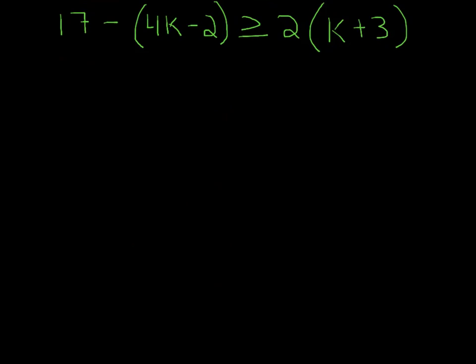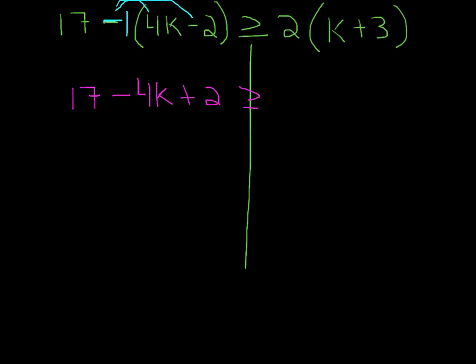Alright, now we're ready for a more challenging one. We have parentheses on both sides, and we have variables on both sides. So first, let's start with distributing. Here we have this subtraction sign that we have to distribute. It's as if you're distributing a negative 1. So on the left side, I have 17 minus 4k plus 2 is greater than or equal to 2k plus 6.